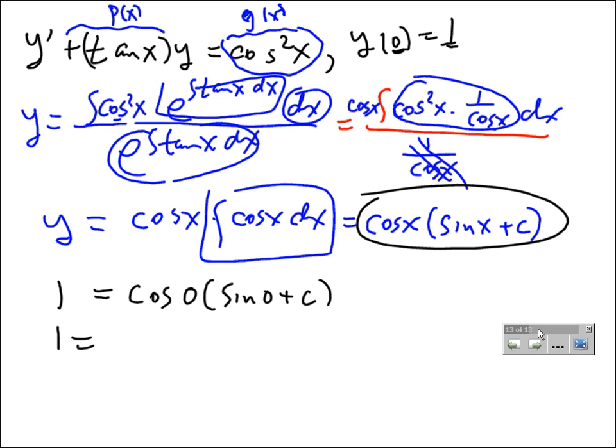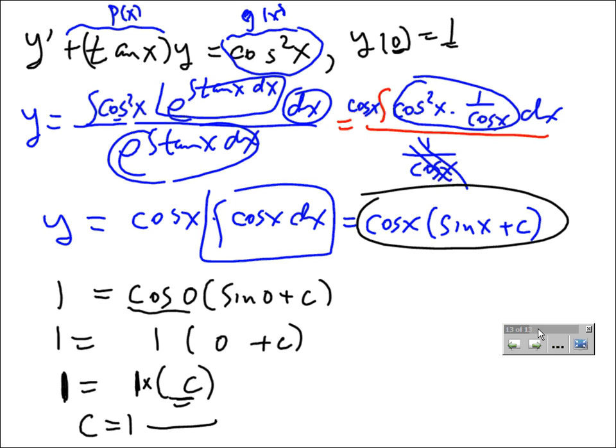So 1 is equal to cosine of 0, which is 1, times the sine of 0, which is 0, plus c. So what's inside that parenthesis is just c. 0 plus c is c. Now you just have to know your 1 times table. 1 times c gives you 1. The answer is 1. So c is 1.